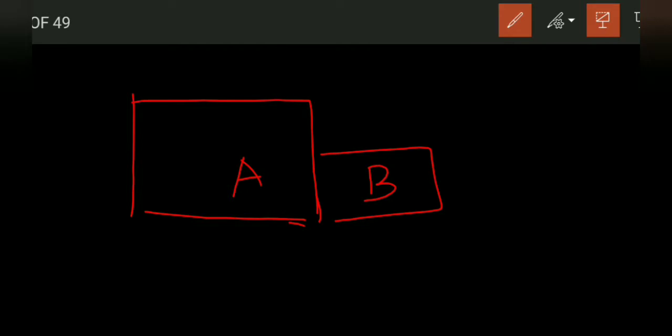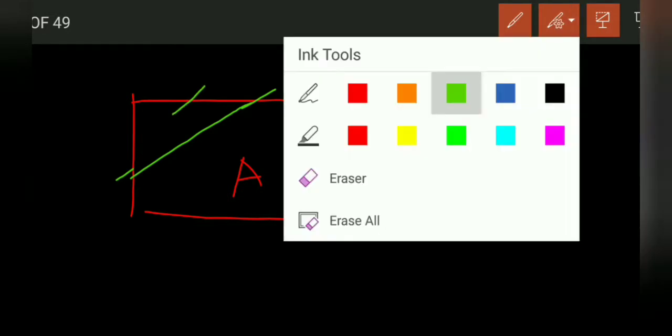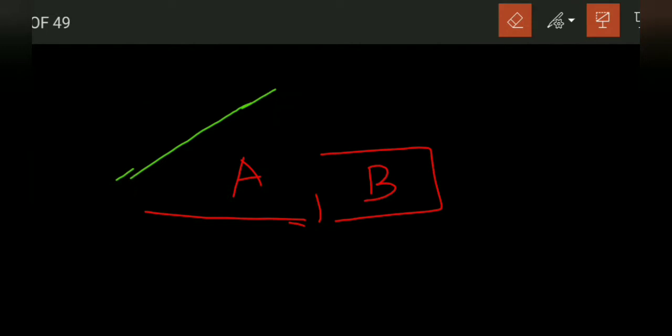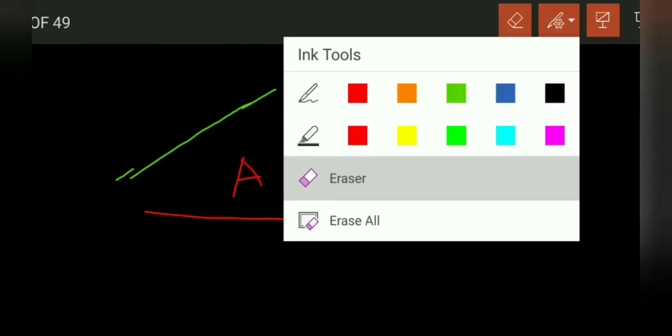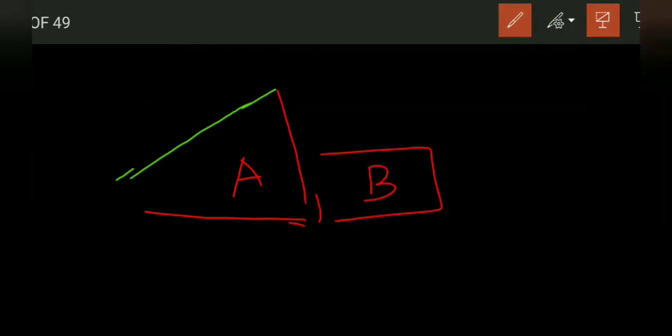Now I will cut this portion of this block and make it like this. You have no problem with this because just the shape of the object is changing.